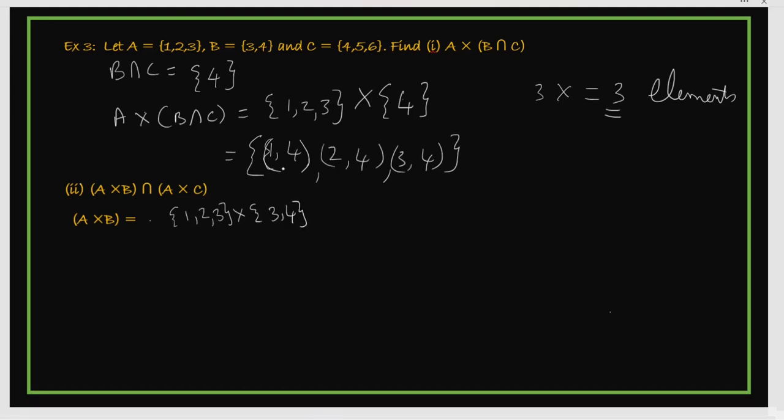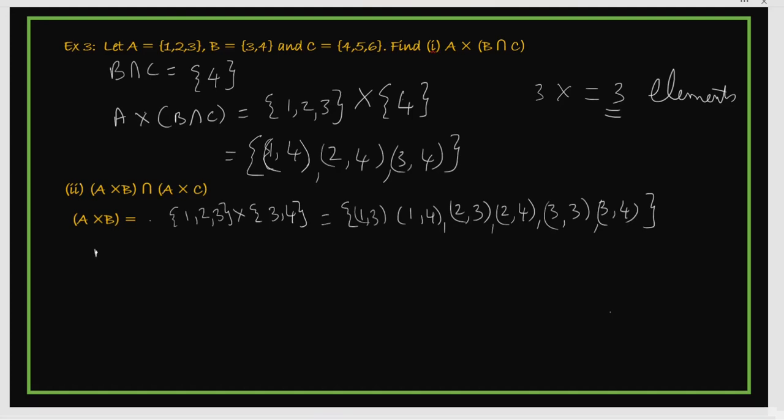By this time, you should know how many elements we are getting in the product. 3 into 2, 6 elements you should get. I will write down the pairs. (1, 3), (1, 4), (2, 3), (2, 4), (3, 3), (3, 4). So these are all the elements. 6 elements we are getting. This is the cross product of A and B.